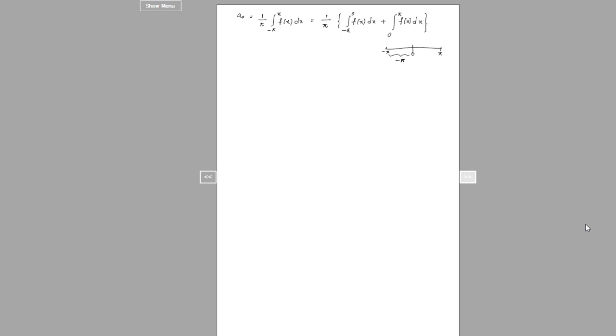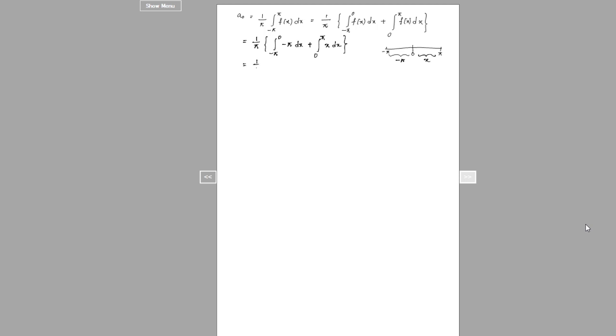Just substitute over there, which is equal to 1 by pi integral minus pi to 0 of minus pi dx plus integral 0 to pi of x dx.